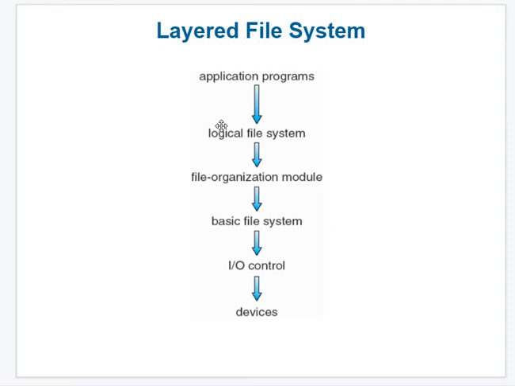Apart from this, there are things like creation date, user name, owner name, type of file, and how much size it has. All this is one side, and the actual data is another side. So apart from data, all the features required for a file are maintained in the logical file system.